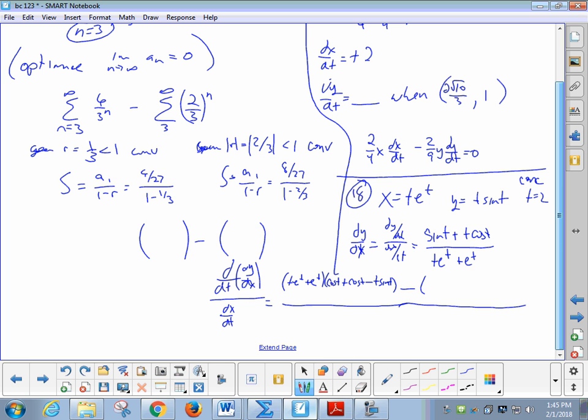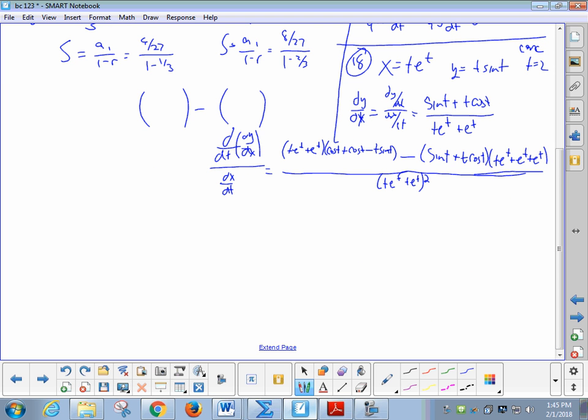Minus high d low: t e to the t plus e to the t plus e to the t. All over the square of what's below. All divided by dx/dt, which is another t e to the t plus e to the t.